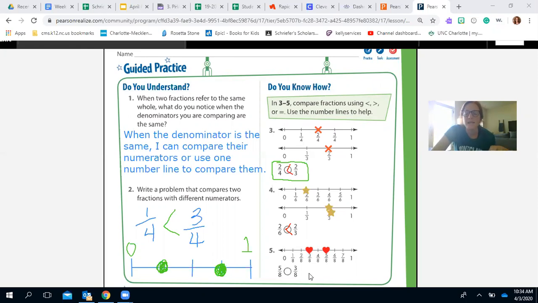So here we have the same number line, and we've got 0 and 1. Which fraction is closer to 1 whole? 5/8 or 3/8? You're right, it's 5/8. Very good. 5/8 is greater than 3/8.